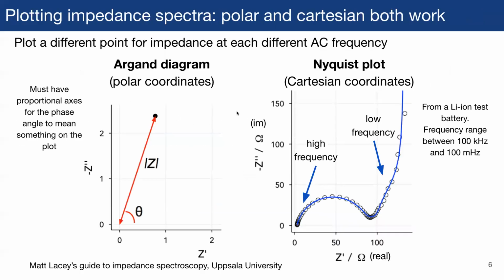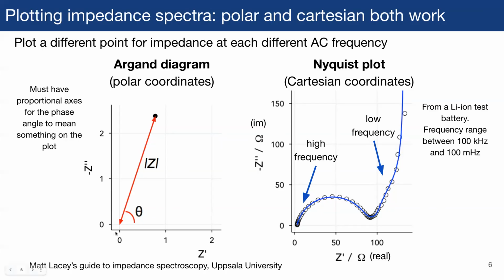So when we start plotting our spectra, if we consider just the previous notation of having the magnitude and the angle, the theta phase shift, we can plot in an Argand diagram where we plot the magnitude of our impedance and then offset by an angle theta, which corresponds to our phase shift.